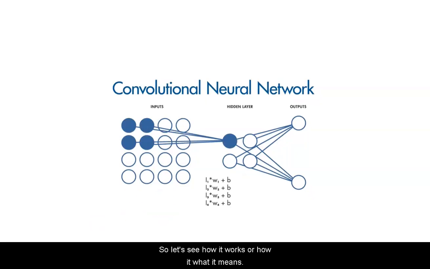So let's see what it means. This is a convolutional neural network, and here you can see my first local receptive field, which is connected to this particular neuron in my hidden layer. This is my input 1, input 2, input 3 and say input 4.